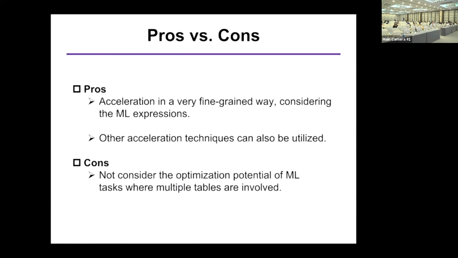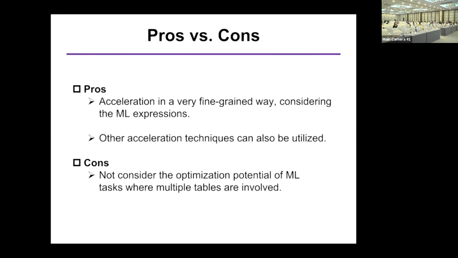So the advantage is the acceleration in a very fine-grained way, considering the machine learning expressions. And the other advantage is that other acceleration techniques can also be utilized. And the disadvantage is that it does not consider the optimization potential of machine learning tasks where multiple tables are involved.